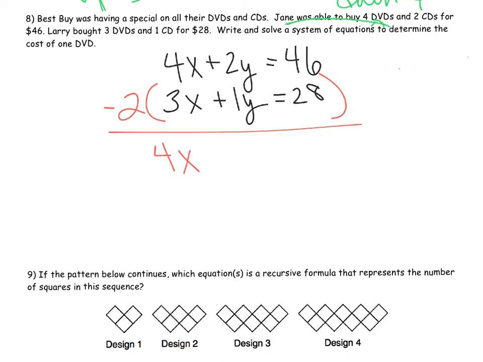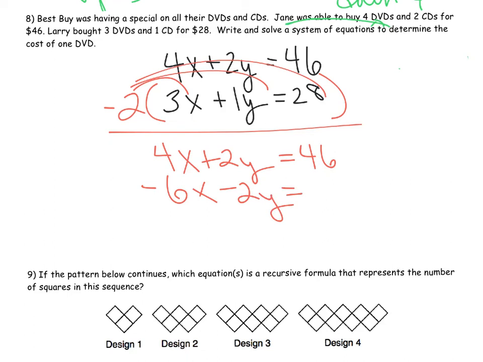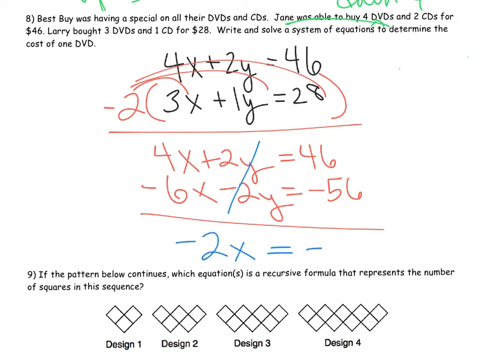You have 4x plus 2y, that's the top equation, that stays the same. And I'm going to distribute that -2 to each term. So I'll have -6x minus 2y equals -56. Okay, so when I add these vertically, if you notice, the y's are going to cancel. So I have negative 2x equals negative 10.